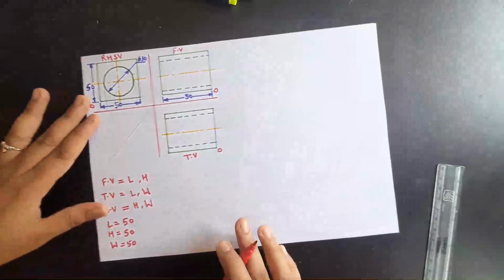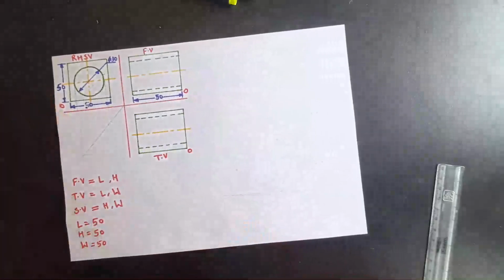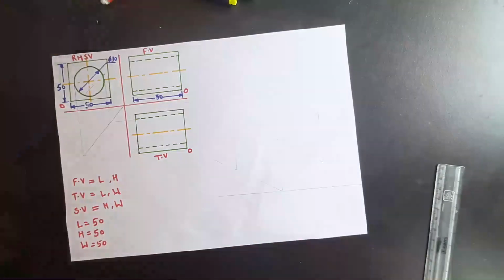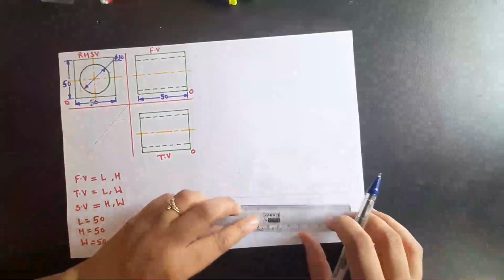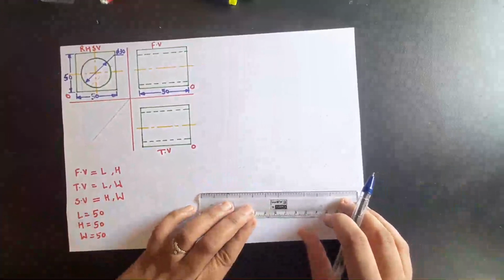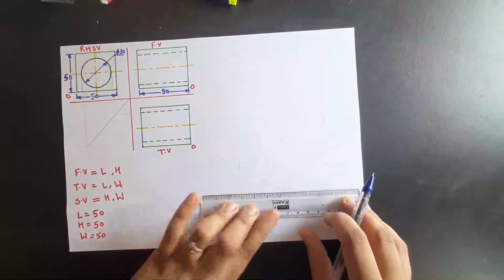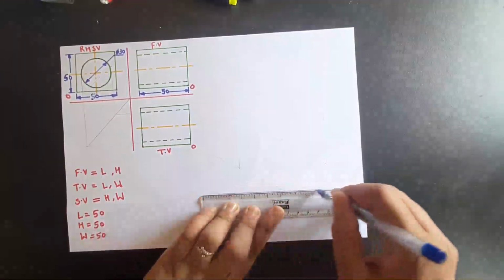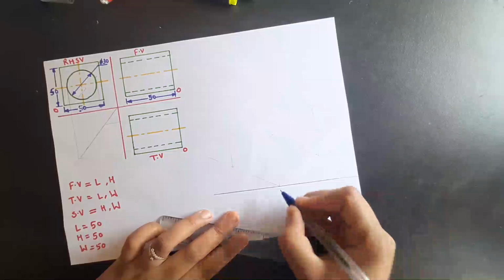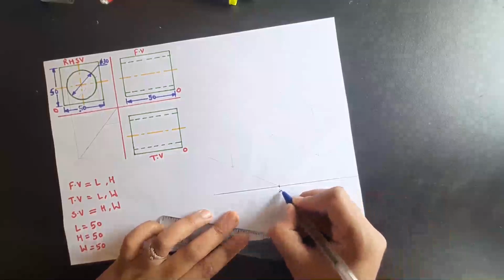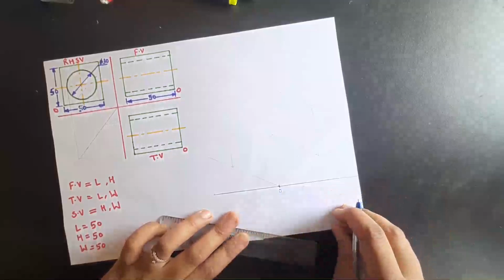Now to draw the isometric view, we are supposed to first draw a horizontal line. Once we have drawn the horizontal line, fix the origin point. Let's say here I am fixing the origin point.